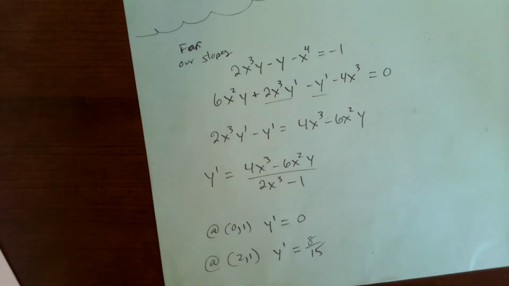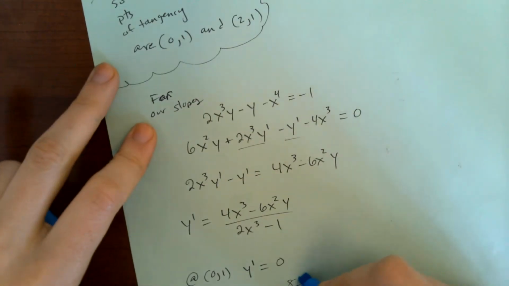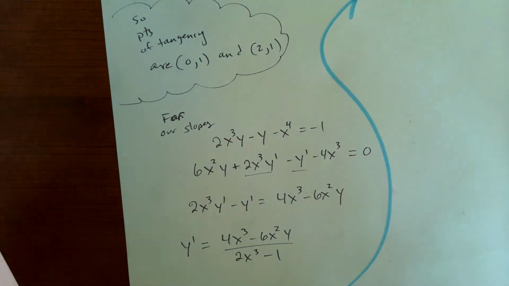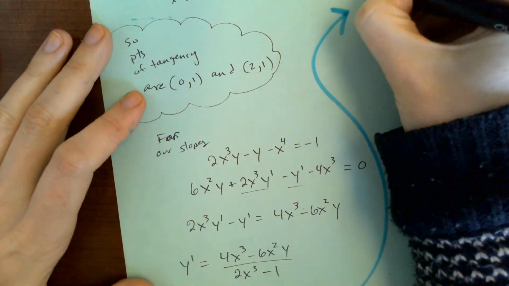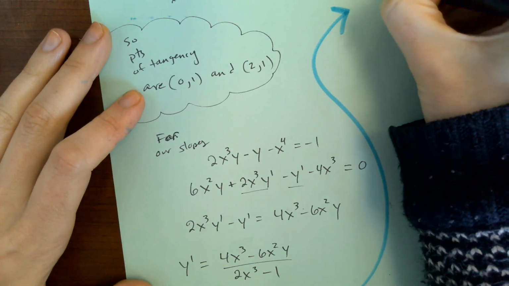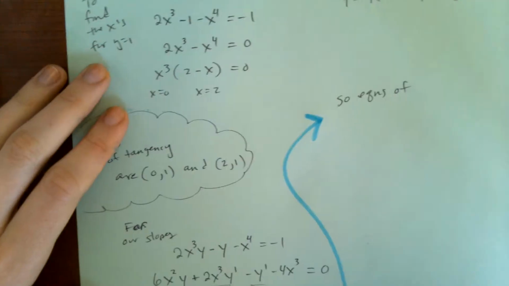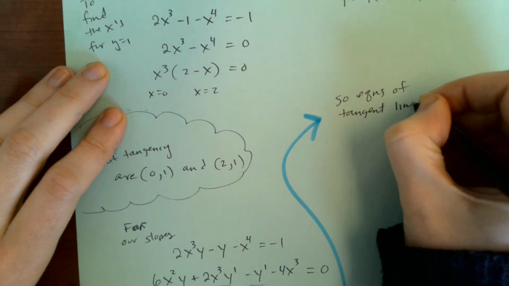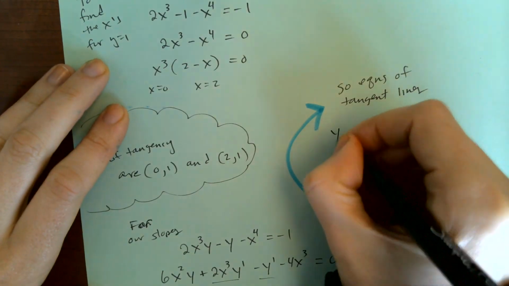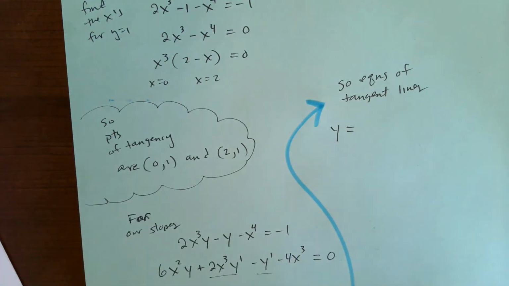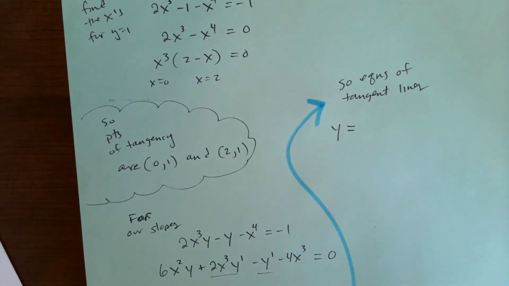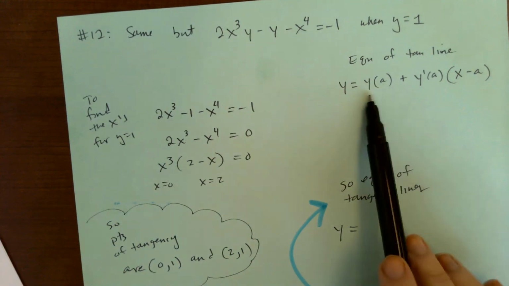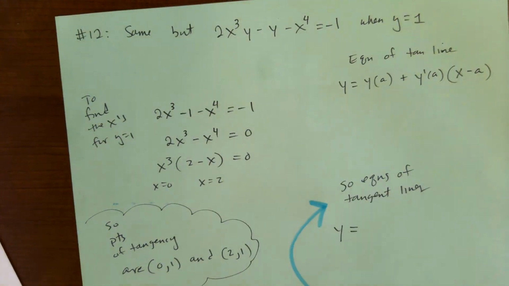Okay. So now that I have all of this information, I'll go up here. Equations of tangent lines, y equals. Okay, so the y coordinate for both of them is 1. So this y of a, that's going to be 1 for both of them.